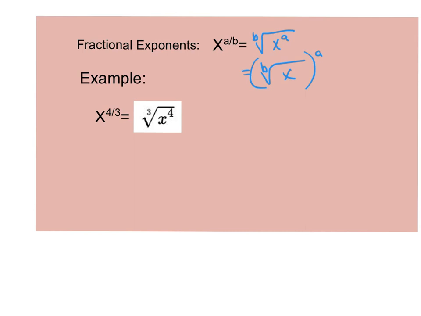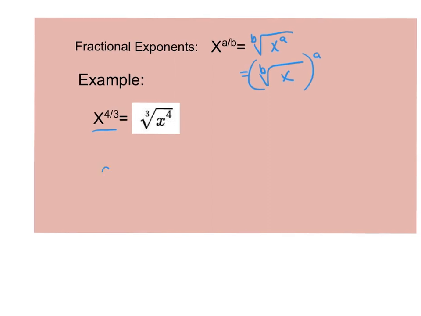So when I look at this one here, x to the 4 over 3, that's just the cube root of x to the 4th. Another example of this might be something like 25 to the 3/2 power.